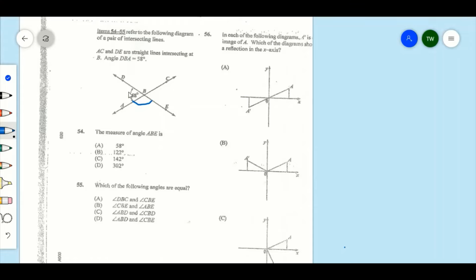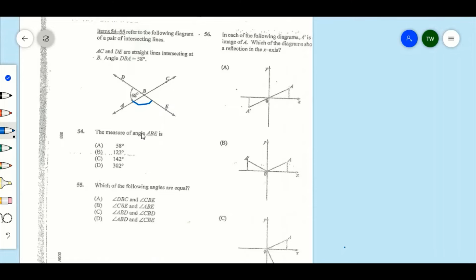Now clearly you can see that angle DBA and angle ABE lie on a straight line, and angles that lie on a straight line sum to give 180 degrees.